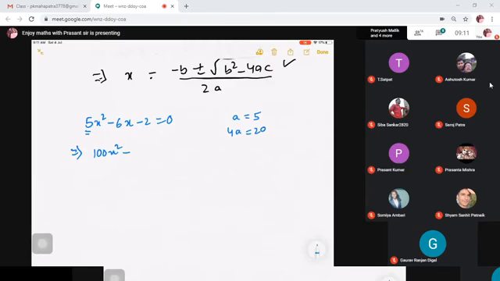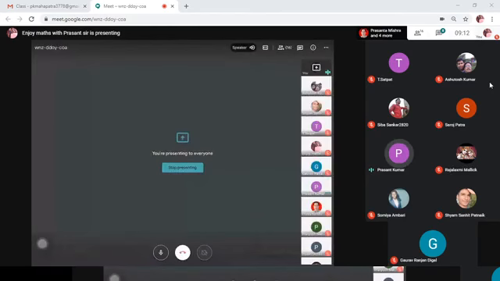Anyone? 100x square is the square of 10x. Soumya Ambari has written 10x in the chat box. Very good. So 10x whole square.